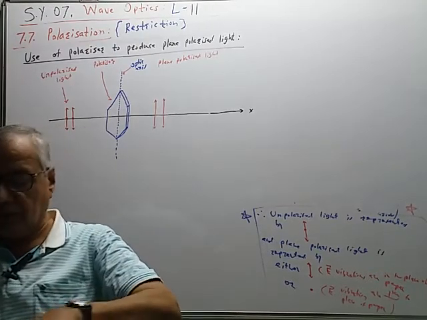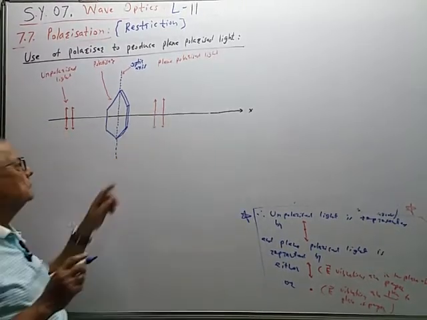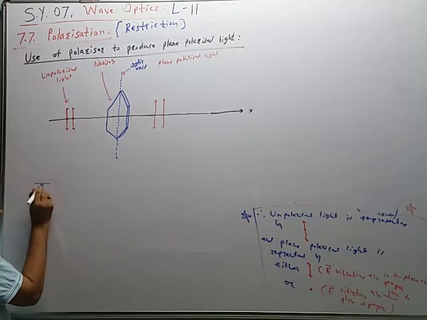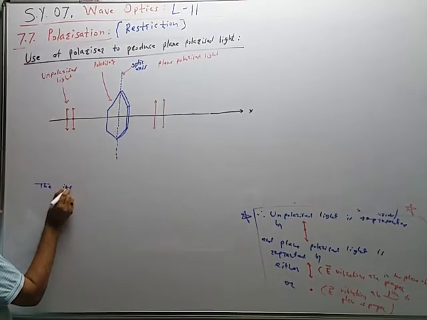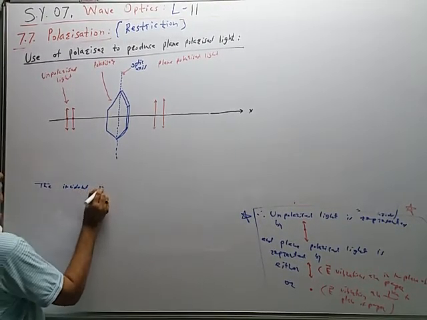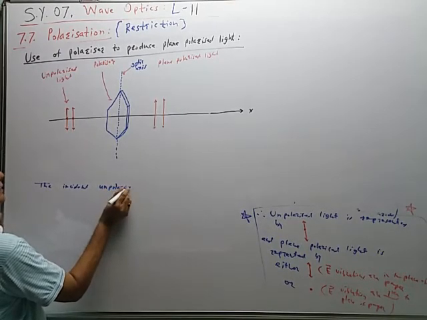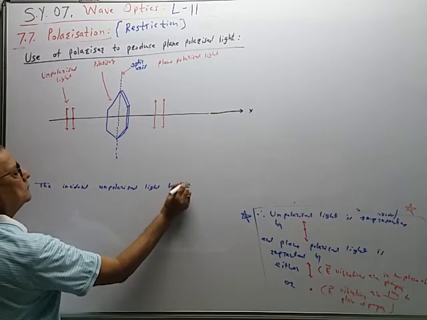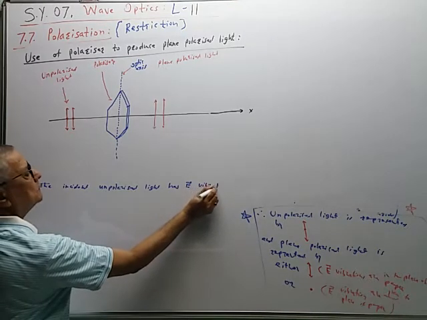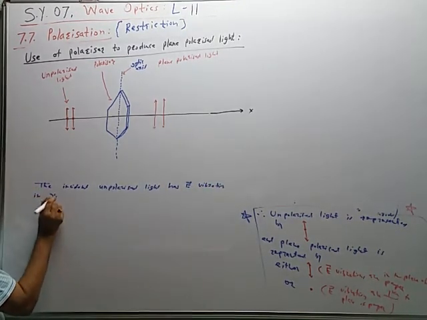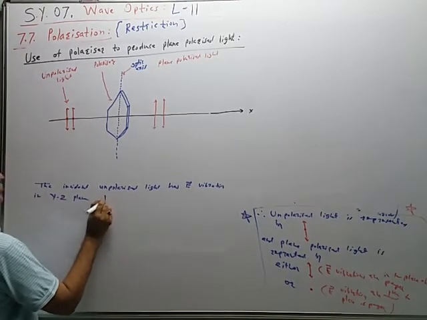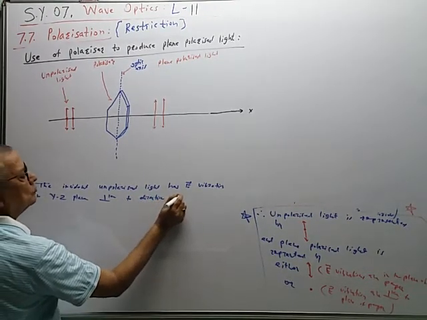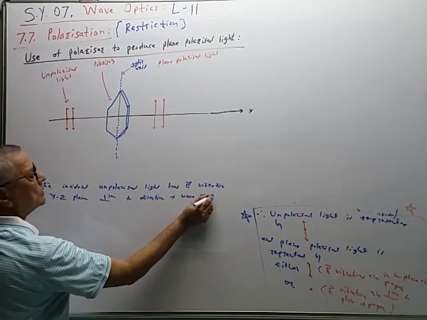Now, the incident unpolarized light has E vibrations in the y-z plane, perpendicular to the direction of wave propagation.